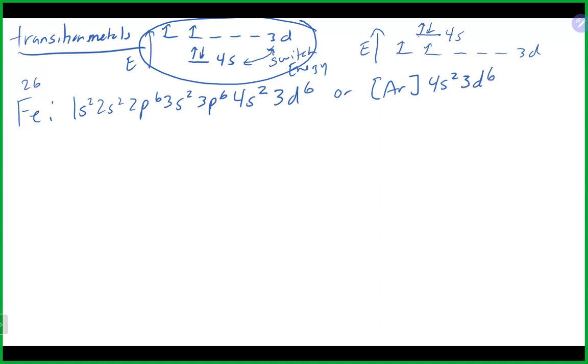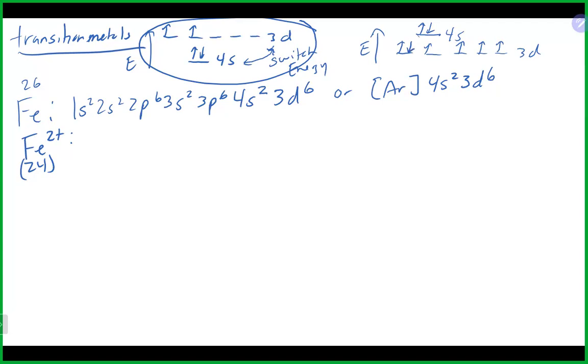Now, when iron, for example, makes a positive 2 charge, how many electrons does it have? It will have 24 electrons in this case, right? Because it lost 2. Now, basically, if we draw in what iron's orbital diagram looks like for just the last part of it, it will look something like that.